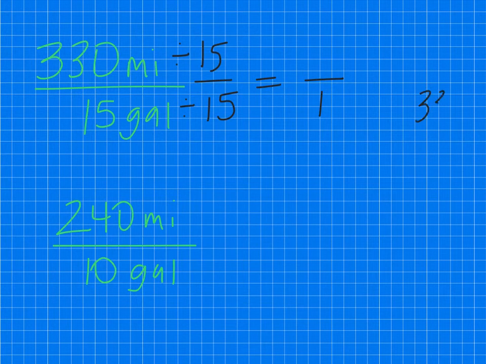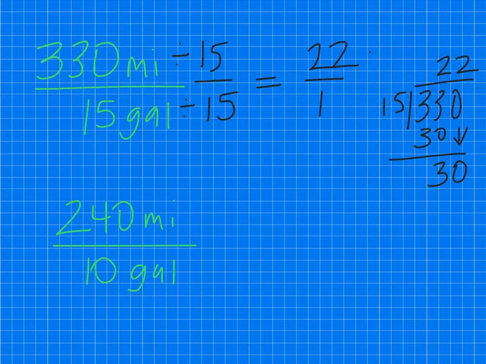330 divided by 15. 15 goes into 3 no times. It goes into 33 2 times, which is 30. Bring down the 0. 15 goes into 30 2 times. So her rate, my rate, is 22 miles per gallon.